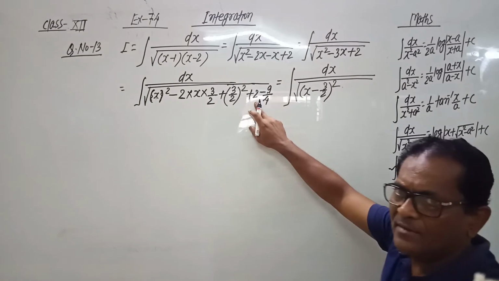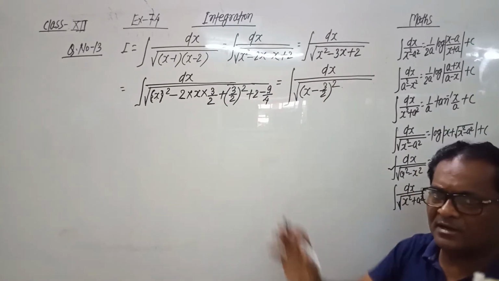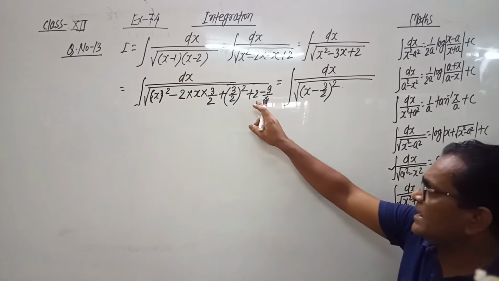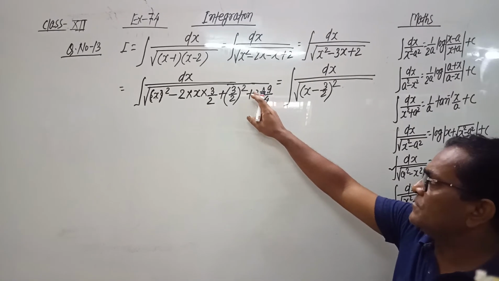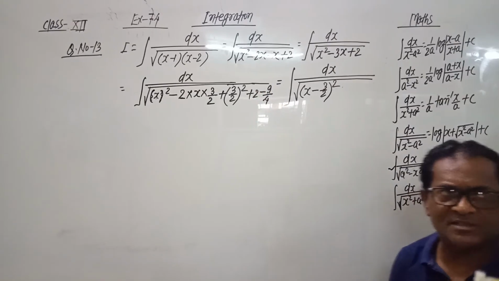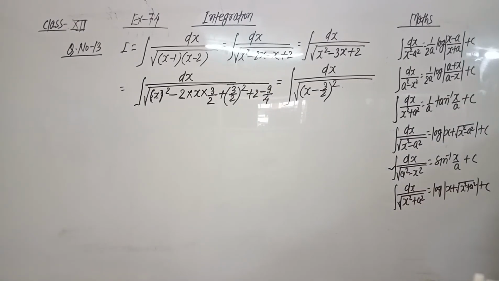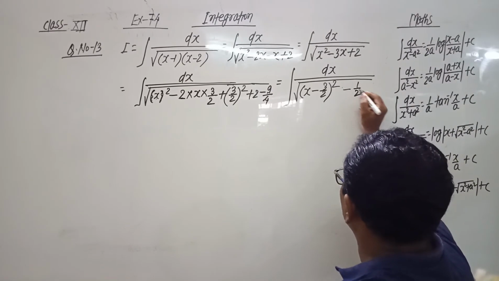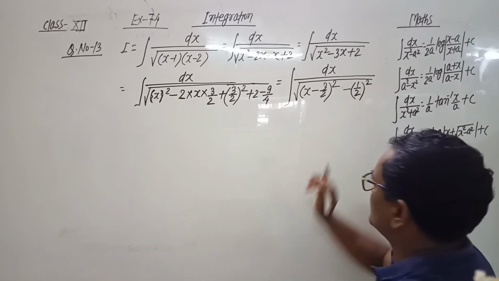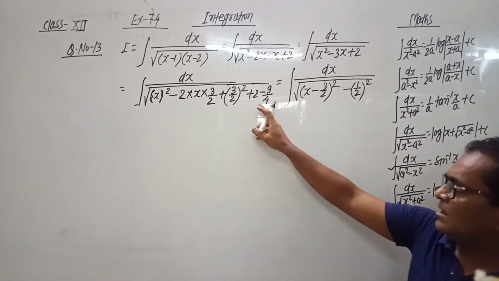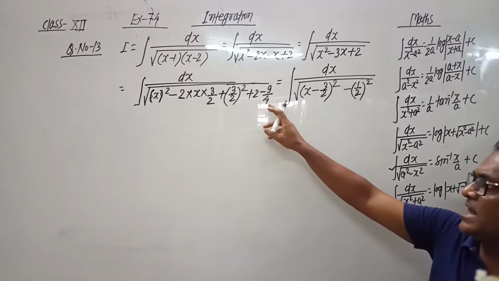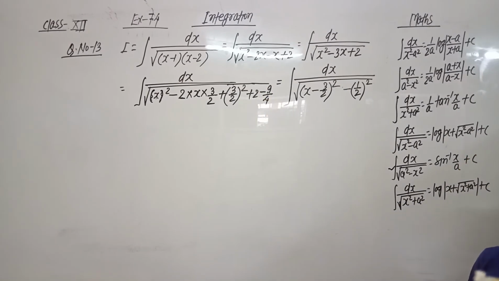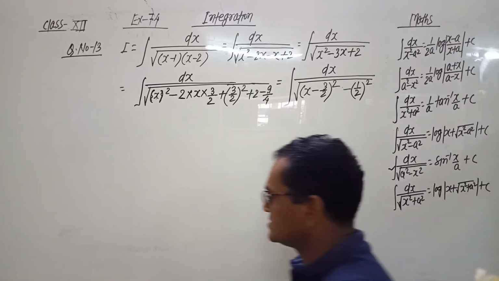And from here, we take the LCM of these two constant terms together. The LCM will be 4, and 4 into 2 is 8, 8 minus 9 by 4 means minus 1 by 4, and minus 1 by 4 is written as minus 1 by 2 the whole square.